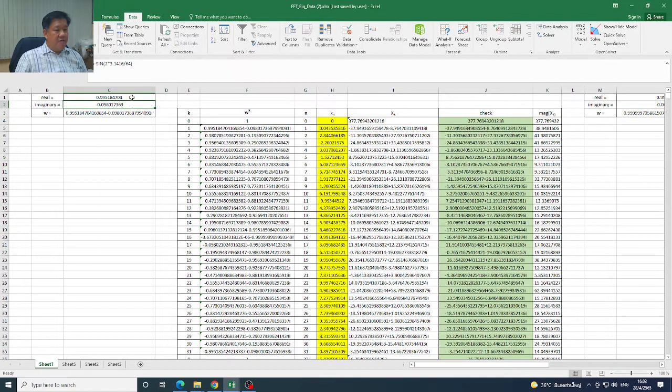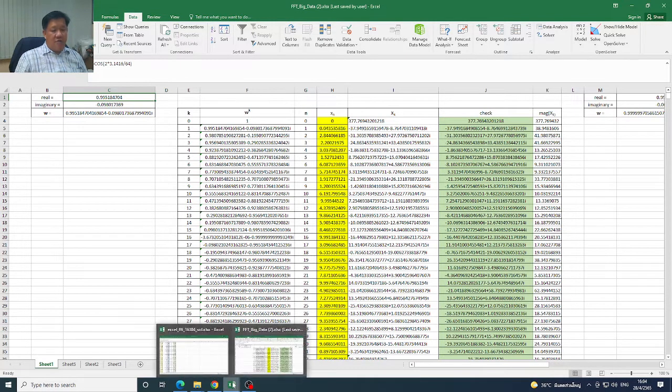Look at the formula that we are using here. The real part is cos of 2 pi divided by 64, and the imaginary part is minus sine. Why are we using this?